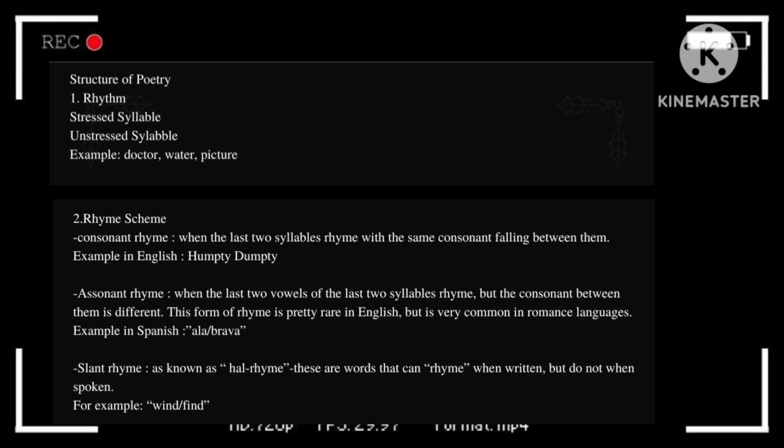This form of rhyme is pretty rare in English, but is very common in Romance languages. Then there is slant rhyme, also known as half rhyme. These are words that can rhyme when written but do not when spoken. For example, wind, find.